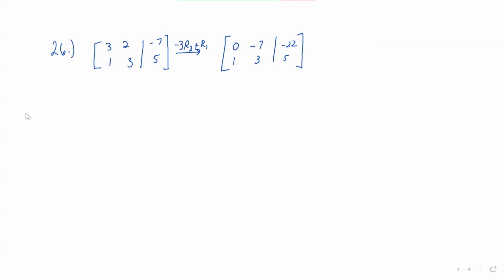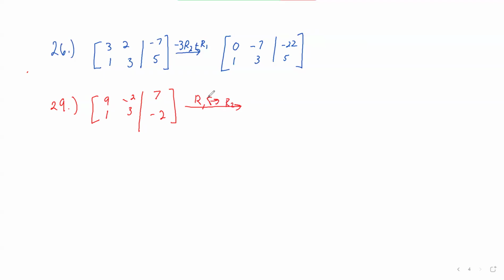Let's look at number 29. You are given 9, 1, -2, 3, 7, -2, and you're asked to do this task. Row 1 switches with row 2.